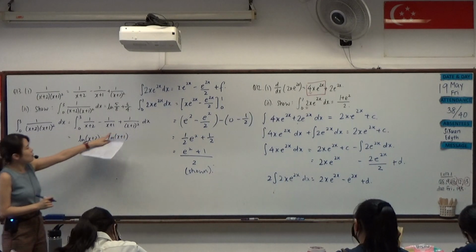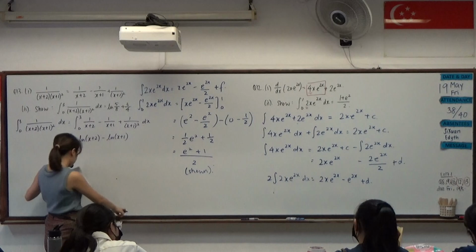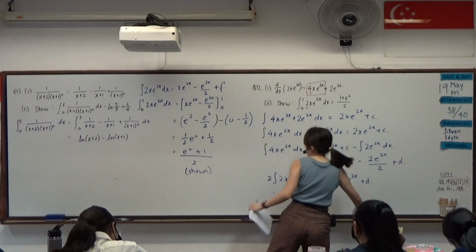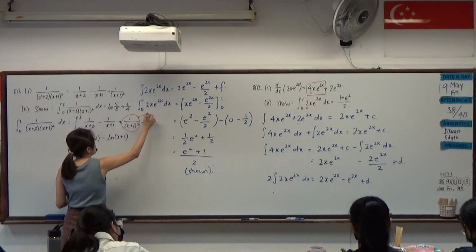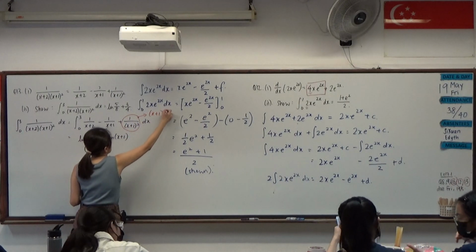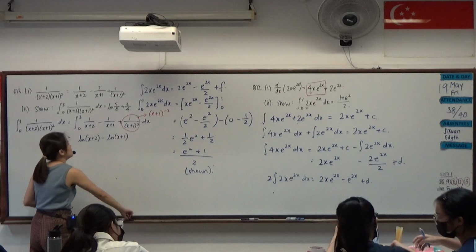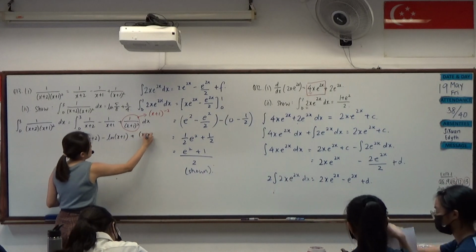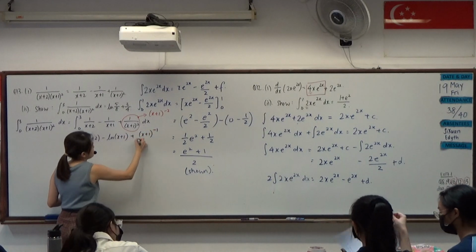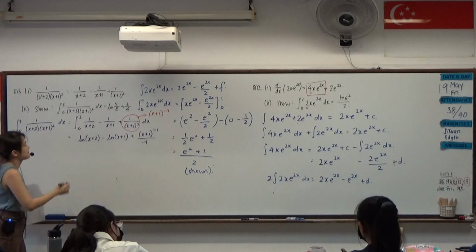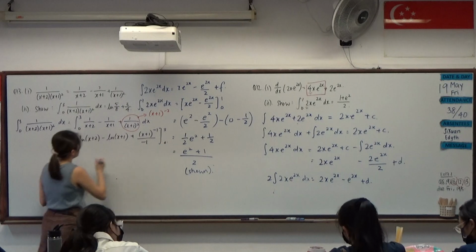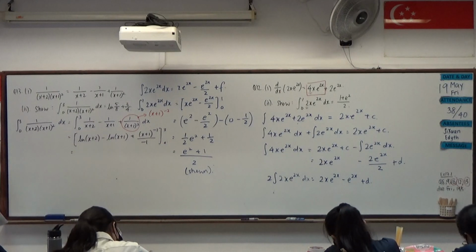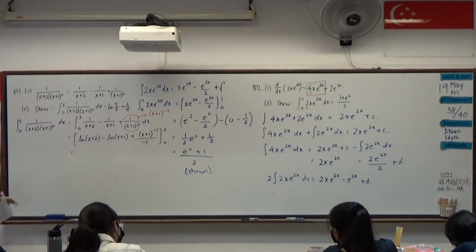Then to integrate our 1 over x plus 1 square, that is actually your x plus 1 to the power of negative 2. So that will be power plus 1, that's negative 1 divided by negative 1. Okay? So we get this.